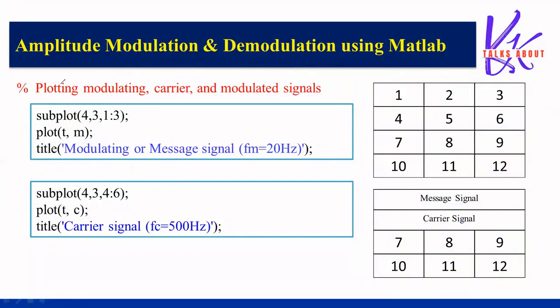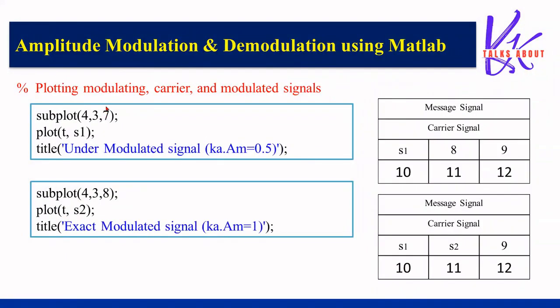Next we are going to plot the modulated signal. For that we go for subplot 4 comma 3 comma 7. That means in the seventh slot, I am going to plot t comma s1. What is s1?